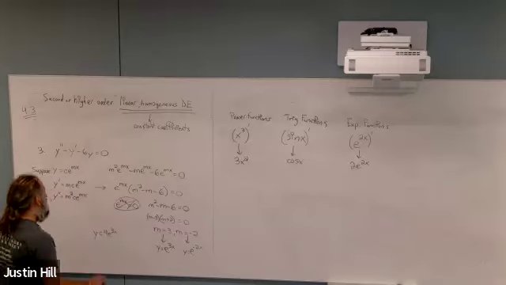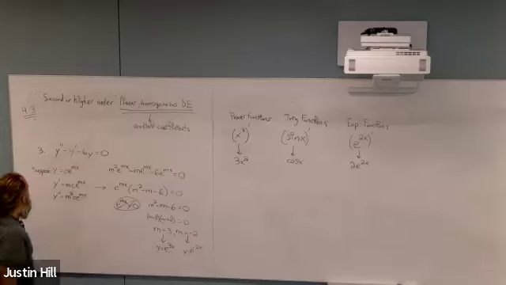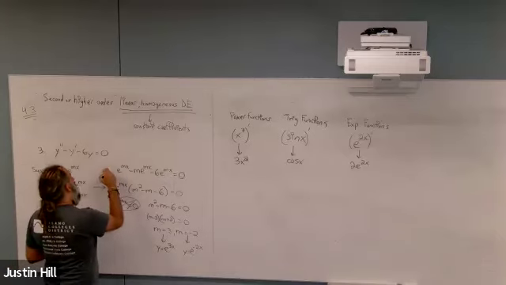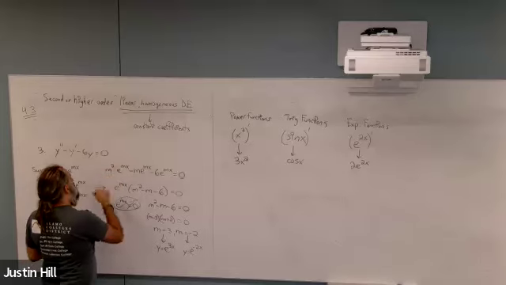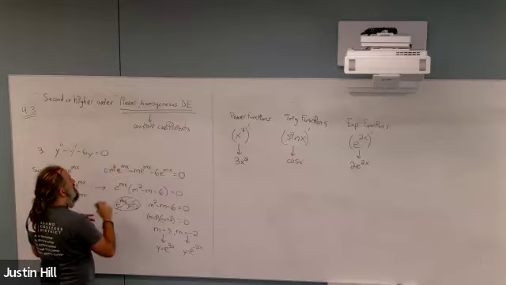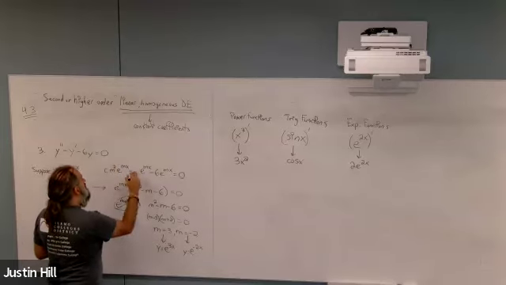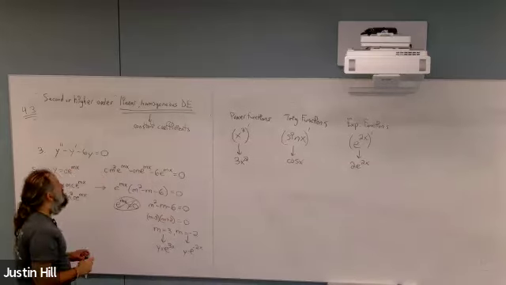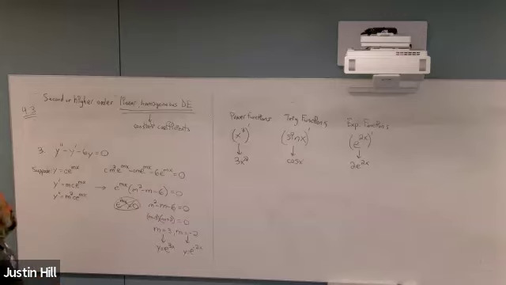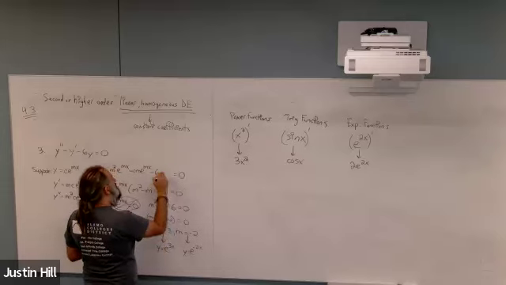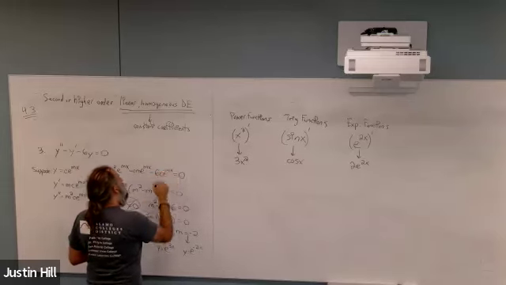So let me show you that algebraically. These are now my y prime and my y double prime. So we will have, I'm actually going to put the c outside, c m squared e to the mx minus c m e to the mx minus 6c e to the mx.